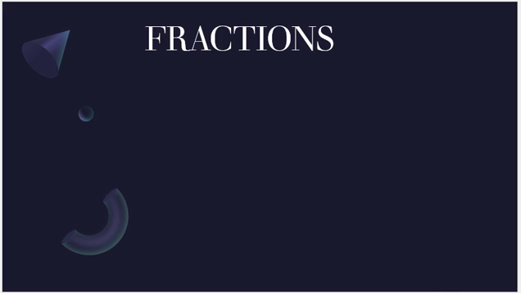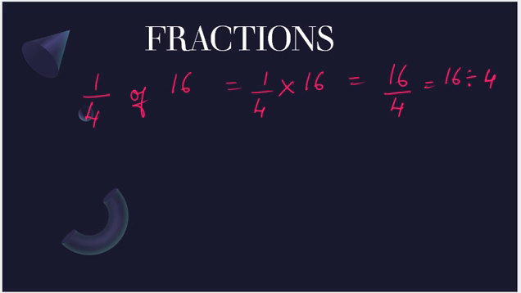Let's try out one more example. 1 by 4 of 16. I can write it as 1 by 4 into 16, which means 16 divided by 4. 16 divided by 4 is 4.